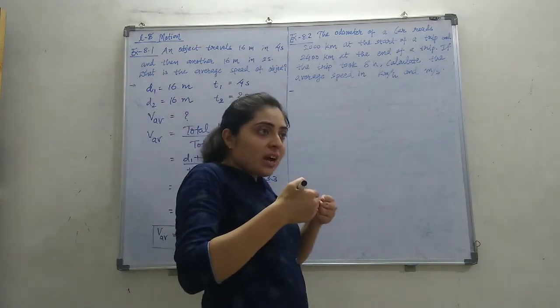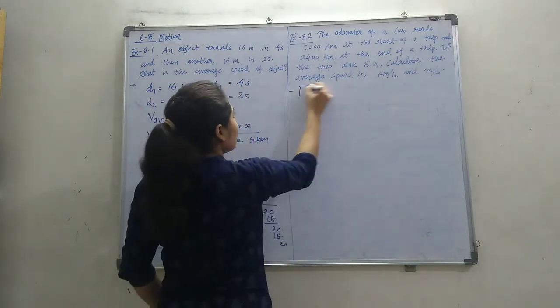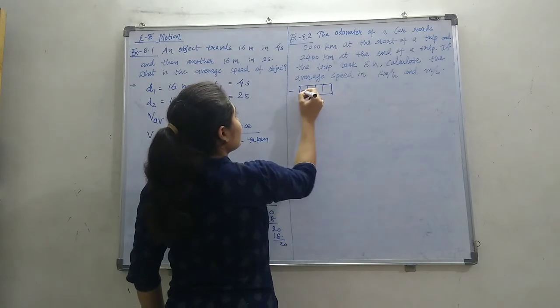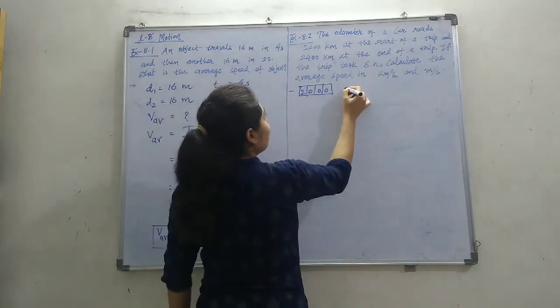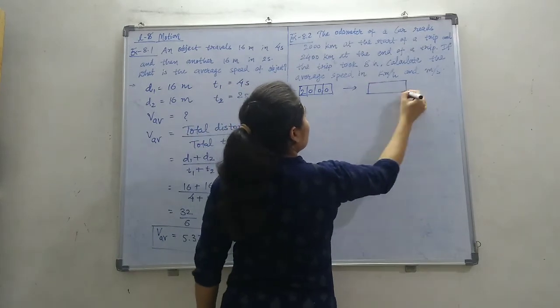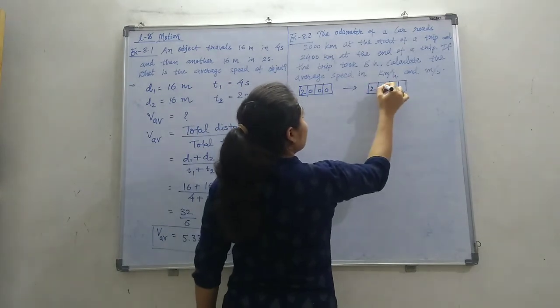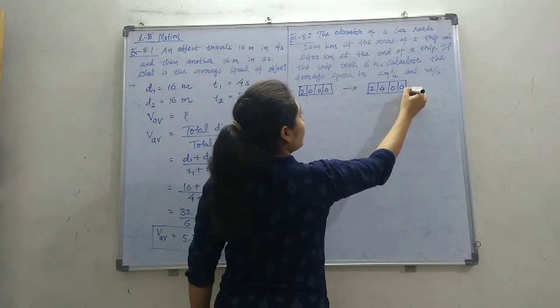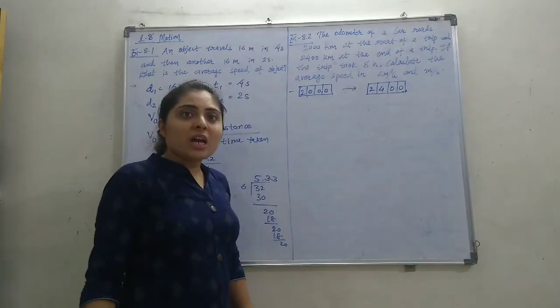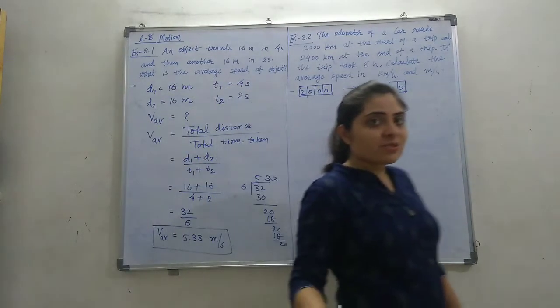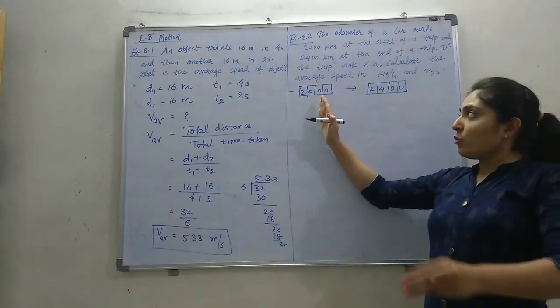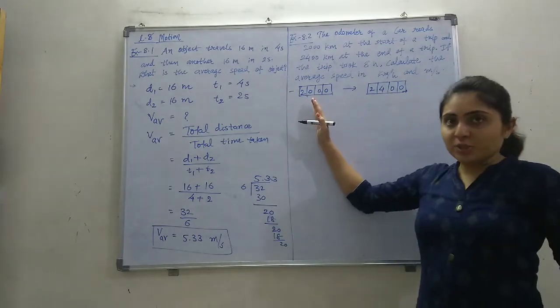So when it starts, the odometer reads 2000, and at the end the odometer reads 2400. Can you tell me how much distance the object has traveled? Already it has traveled 2000 kilometer.